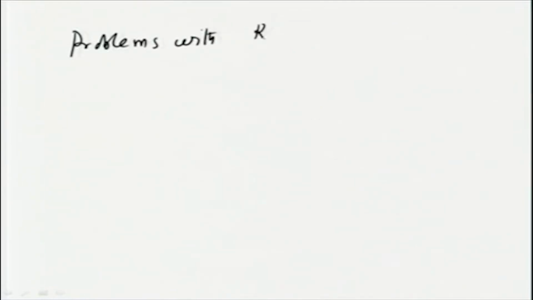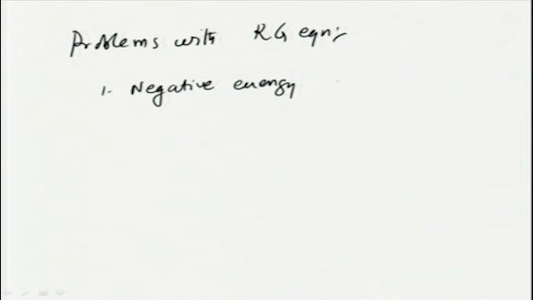So the problems with the Klein-Gordon equation as it stands now are: 1, negative energy solution; 2, let us look at the probability density. In our case, the probability density is equal to twice the energy times N². N² is not negative, and 2 is not negative.